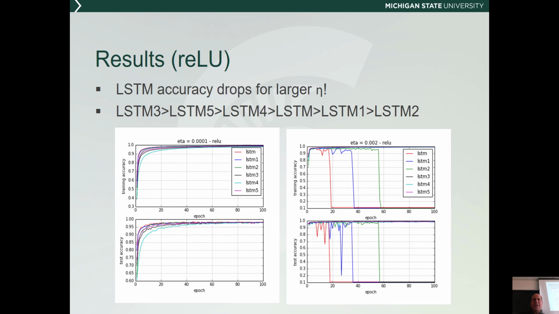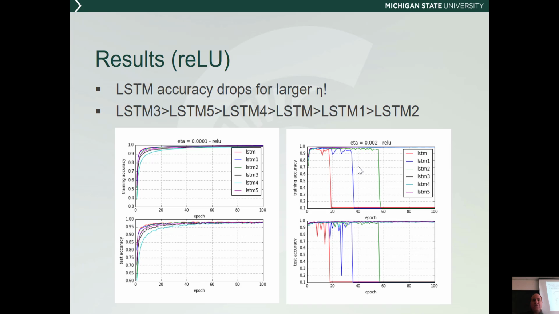In some etas, we discovered a lot of different things. When you use rectified linear units, we found, for example, the LSTM actually fails, which is reported before, that it doesn't work, and it does fail. But some of these other ones do not fail.